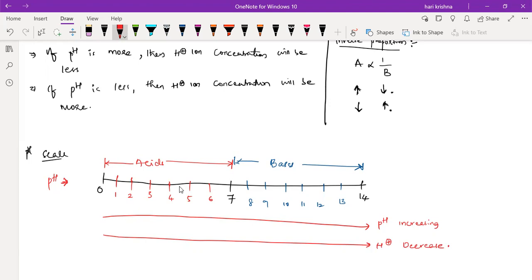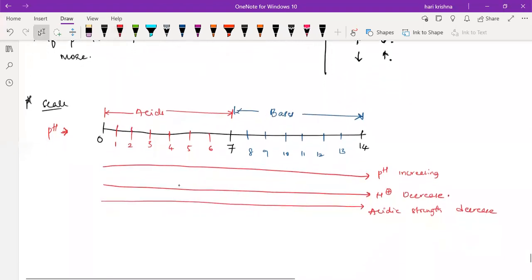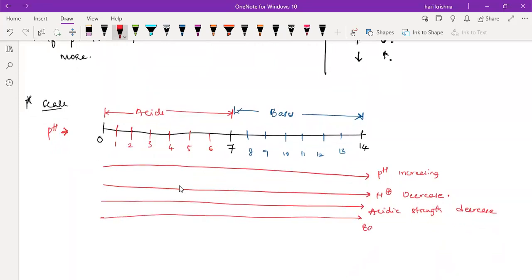That means acidic strength will increase or decrease? Decrease. Good. What about the basic strength? It increases. Basic strength will increase. Now tell me, is 0 a strong acid or is 6 a strong acid? 0 is strong.